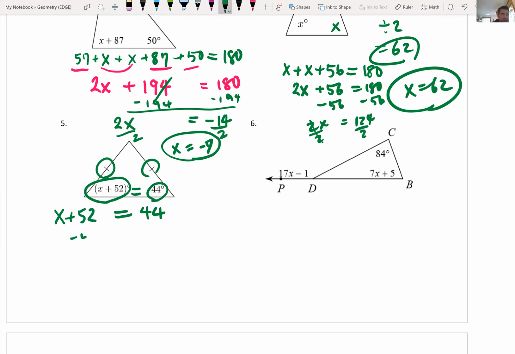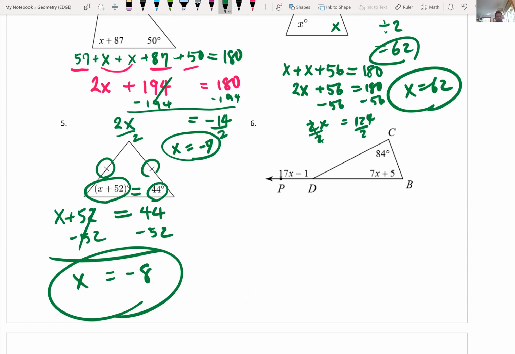So you subtract 52 and that's it. You get x equals, what is that? Negative 8. How do you feel? Did you get that?